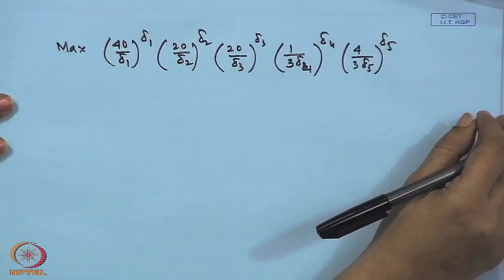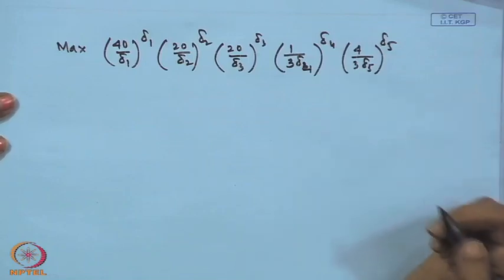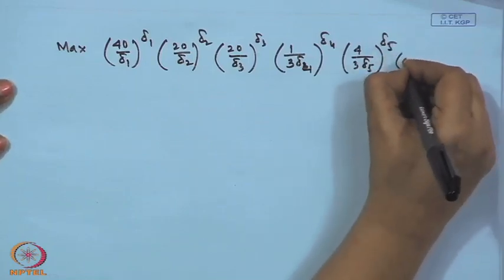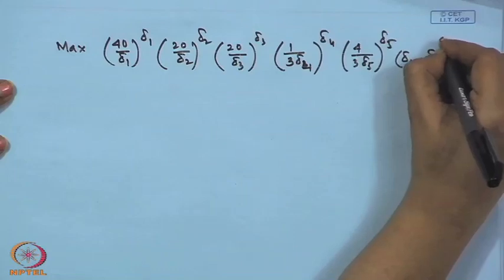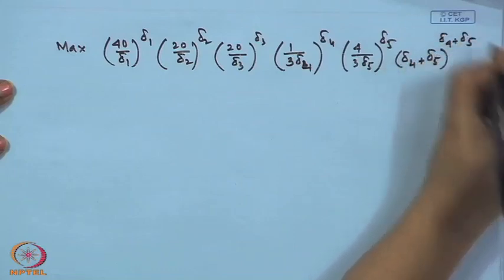There is one constraint, that is why we have the lambda k to the power lambda k, that is only for the constraint, that is delta 4 plus delta 5 to the power delta 4 plus delta 5, that is all.